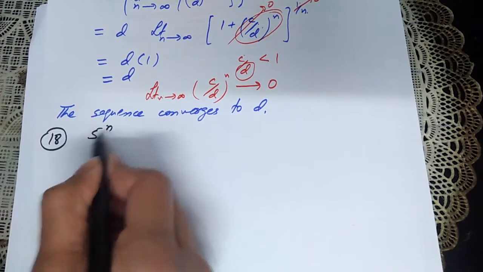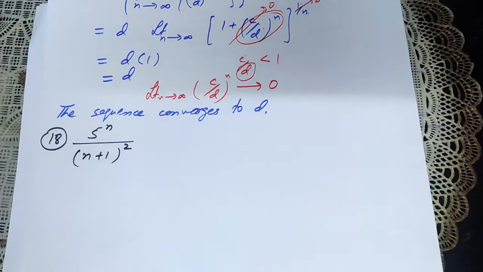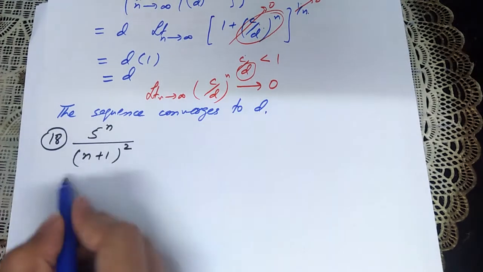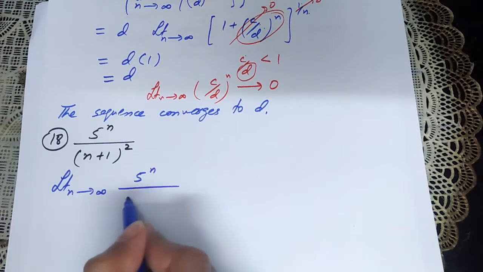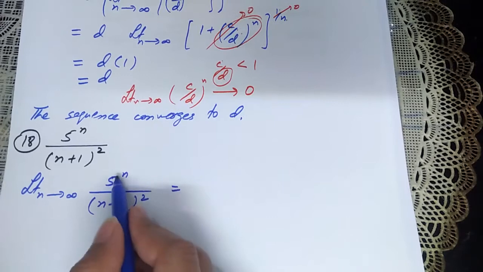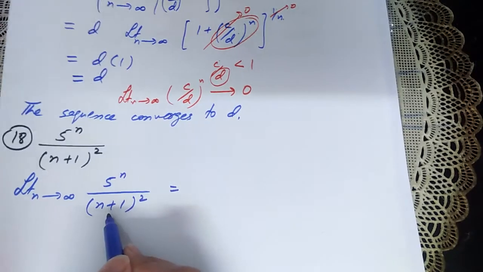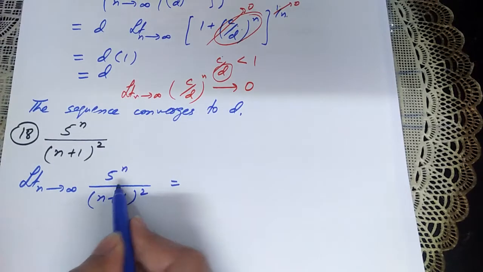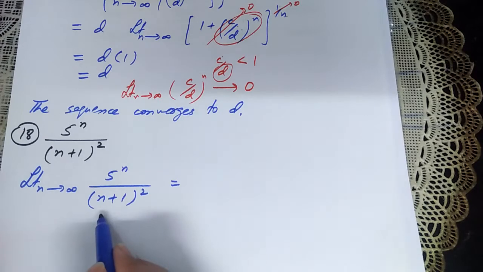Question number 18. Limit n approaches infinity, 5 raised to power n over (n plus 1) whole square. We can use the L'Hopital rule here to simplify, differentiating the numerator and the denominator separately.